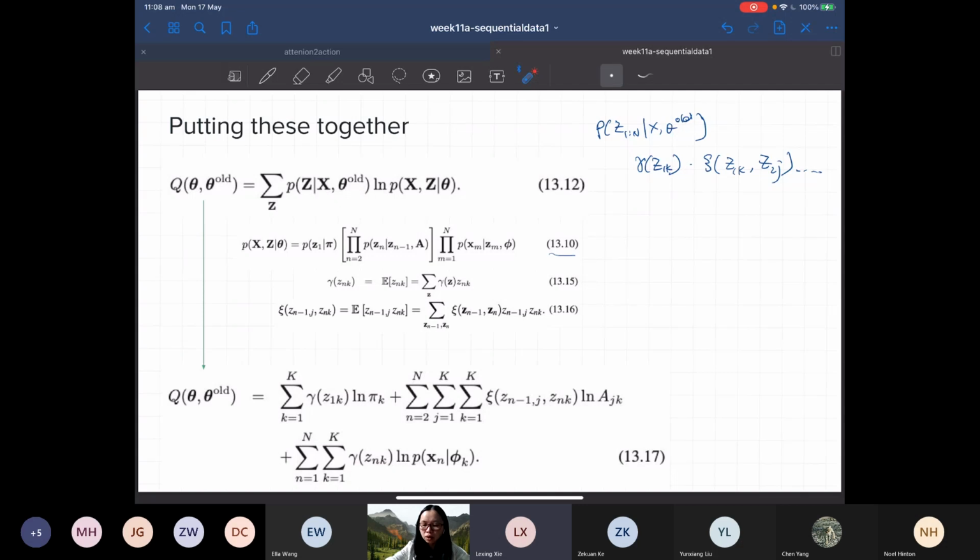These are nicely separated because in this summation over big Z here, if you plug in this term probability, you can see we essentially marginalize out the Z's except the gamma of Z and K in this term.